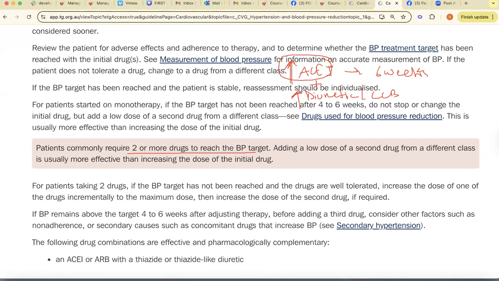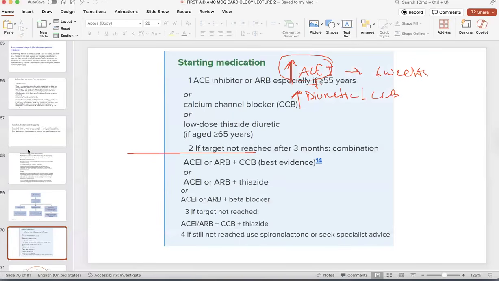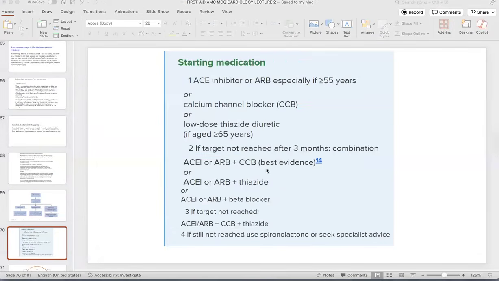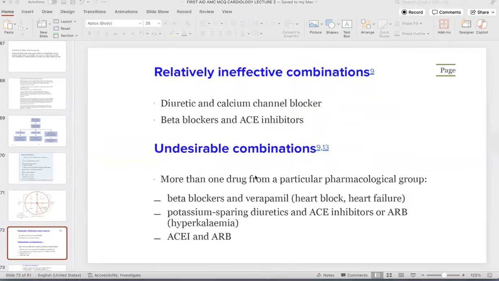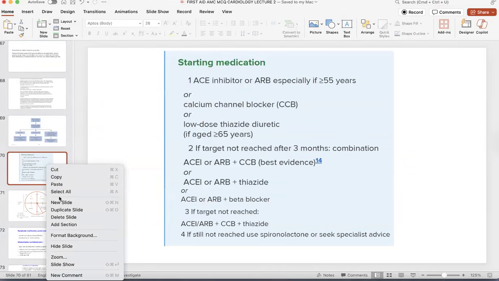So if you are understanding me, let me go back. Let's say you have started a patient with an ACE inhibitor or ARB in a low dose, and you waited for 4 to 6 weeks, nothing much.